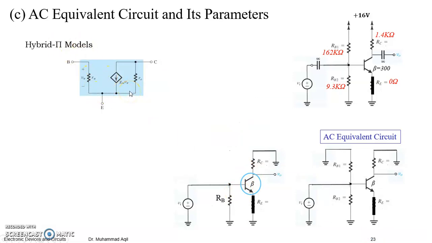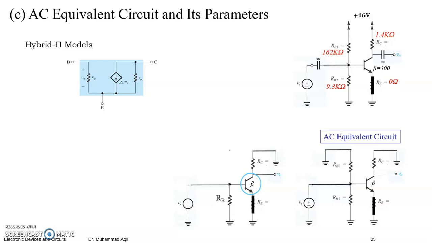Now I am going to give you the logic behind taking the hybrid pi model instead of the T model: in your AC equivalent circuit, not the basic amplifier circuit, if the emitter terminal is grounded, then it's better to use the hybrid pi model. Why? We will do this later when we do one example for both pi and T model.